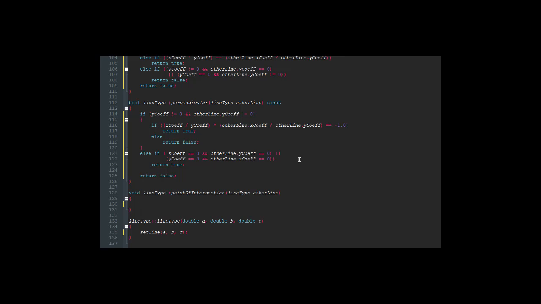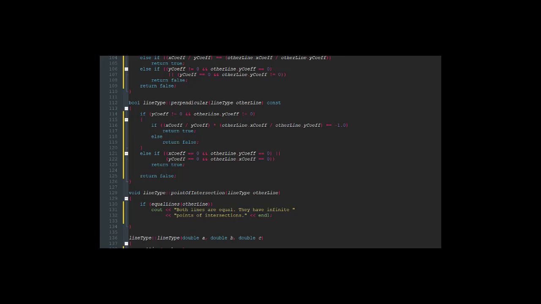Because if two lines are equal, that means that they have infinitely many points of intersection, and they are always intersecting. So we need to write in if equal lines, and we plug in other line, then we must print out both lines are equal, they have infinitely many points of intersection.